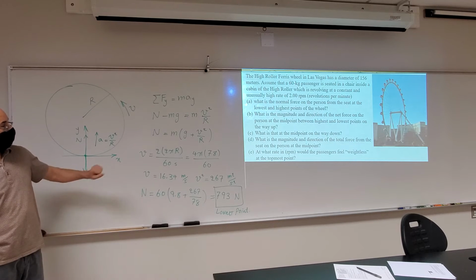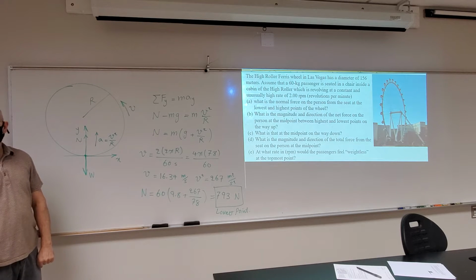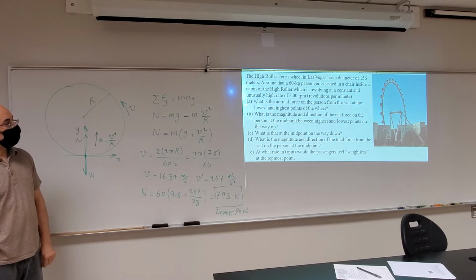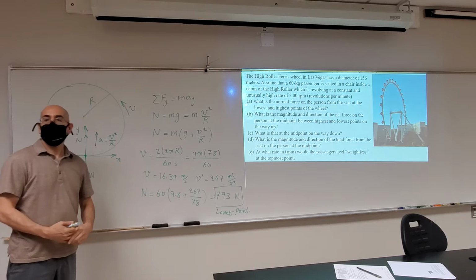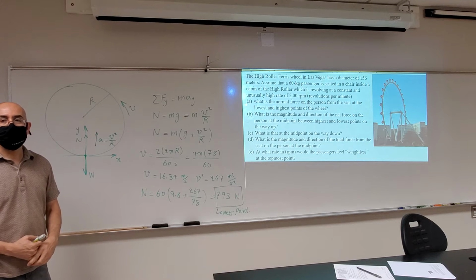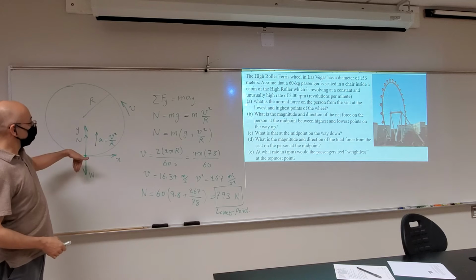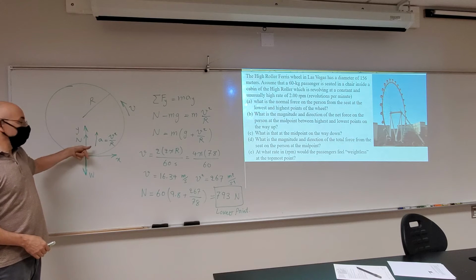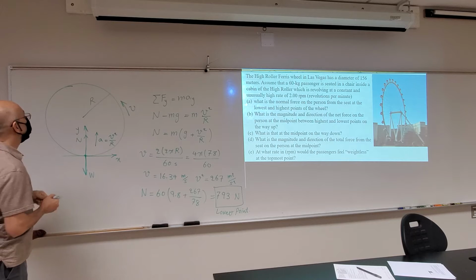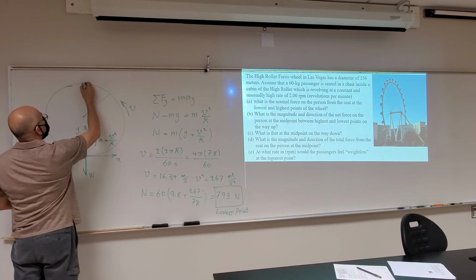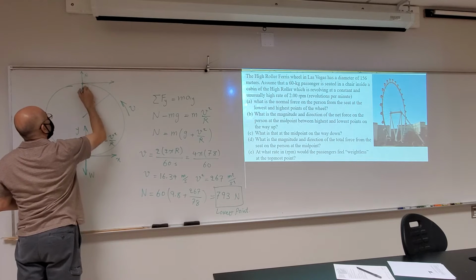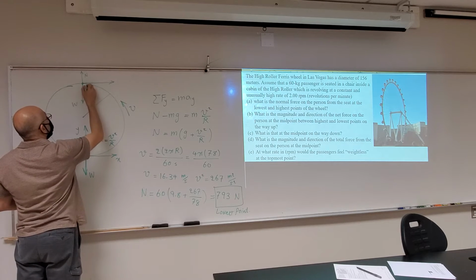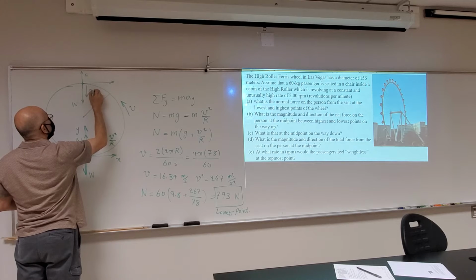What about the highest point? What is different at the highest point? The acceleration is downward, yes. So we can flip this. Everything looks the same. At the highest point, this is the free body diagram. You see normal force and the weight, and the acceleration is downward, v squared over r.